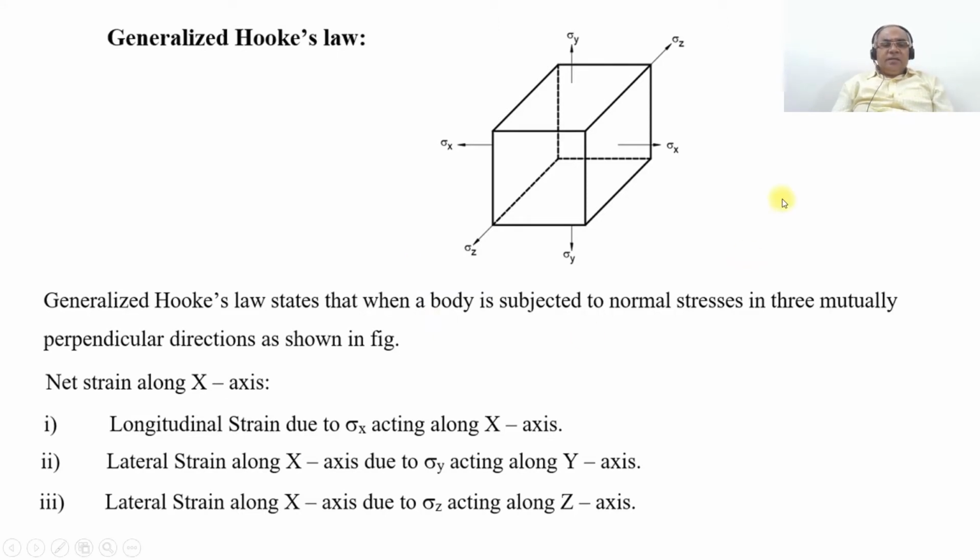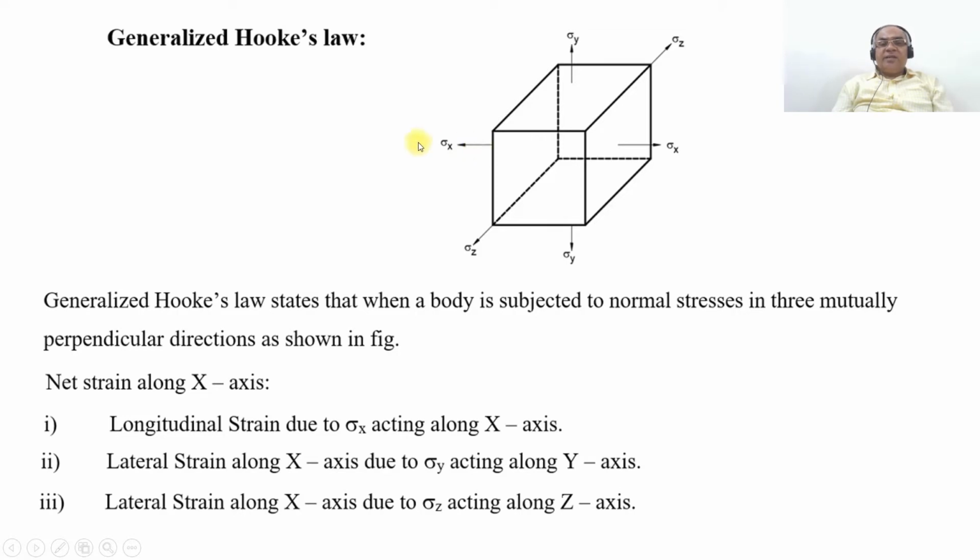So that means longitudinal strain is due to sigma x acting along x axis, lateral strain along x axis is due to sigma y acting along y axis, and then the lateral strain along x axis is due to sigma z in z direction.